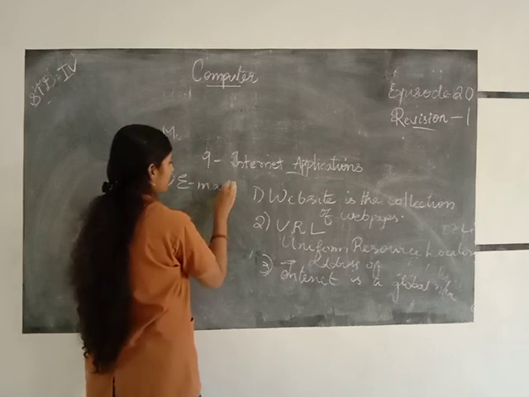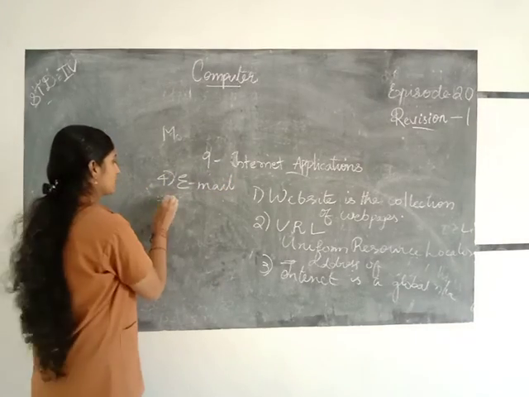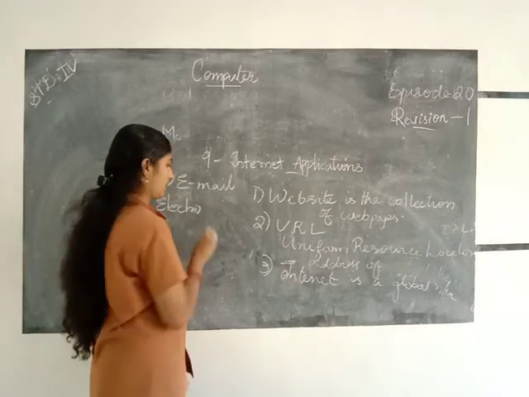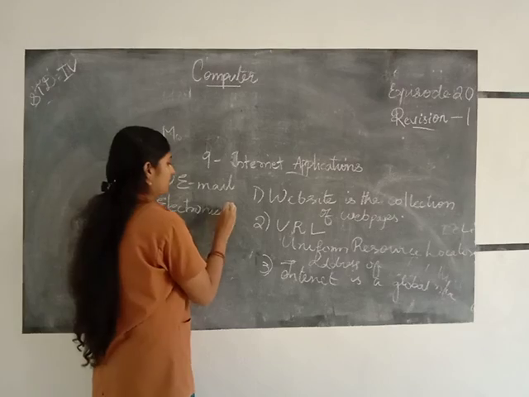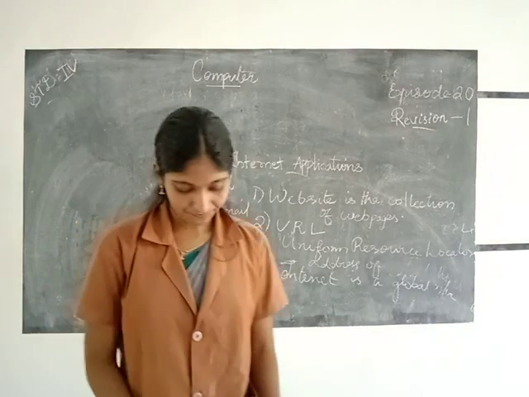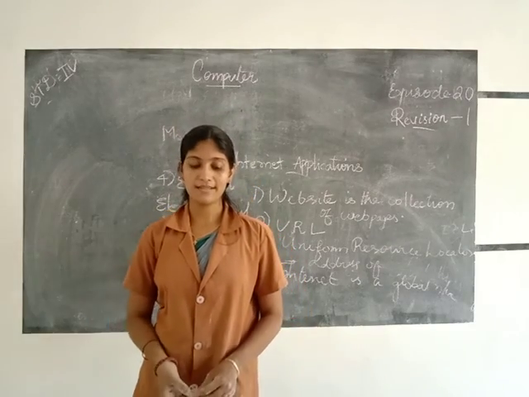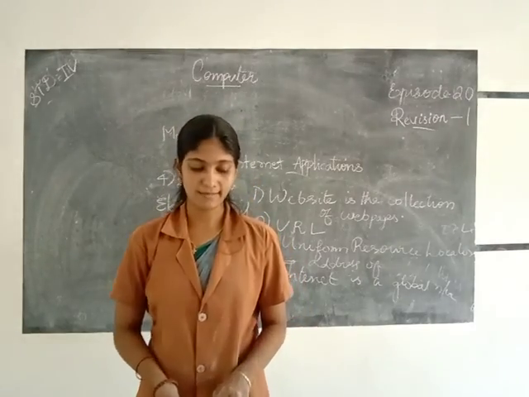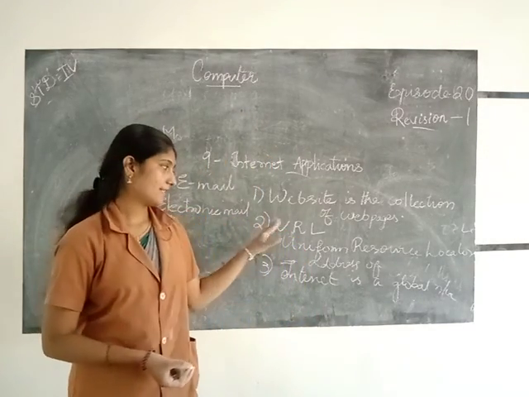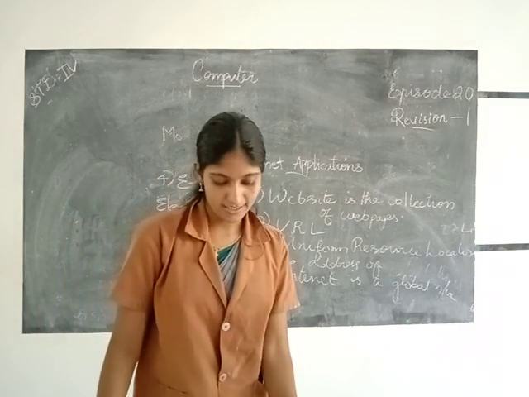Email is electronic mail. E represents electronic. Then next one, which is the largest network in the world connecting millions of people worldwide? Yes, we know that is the internet. Internet is the largest network.